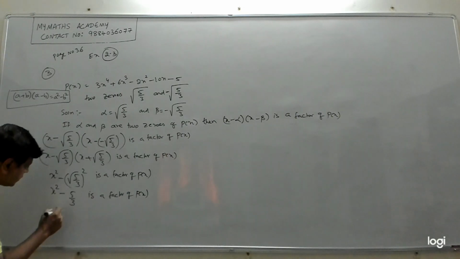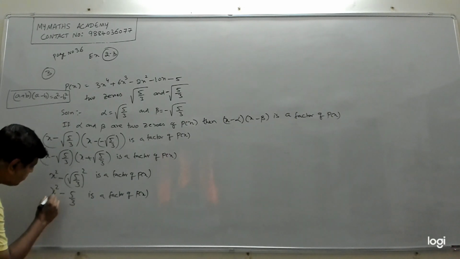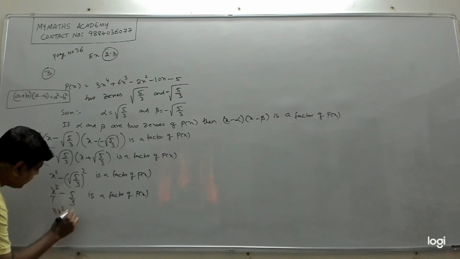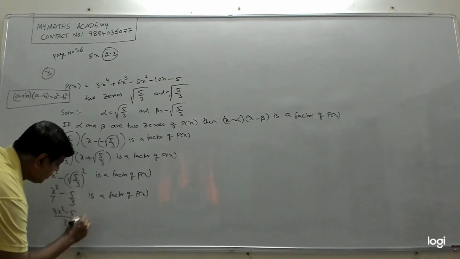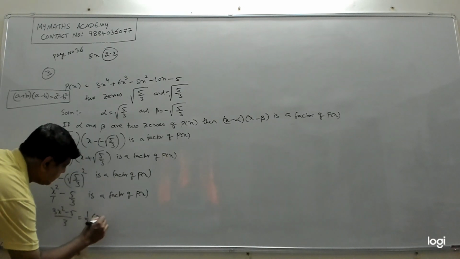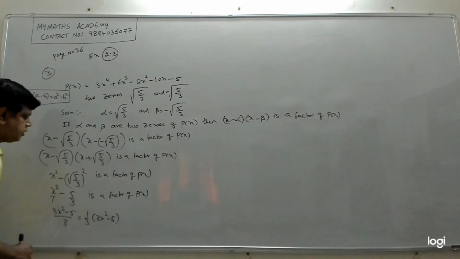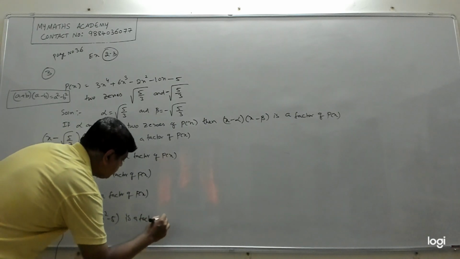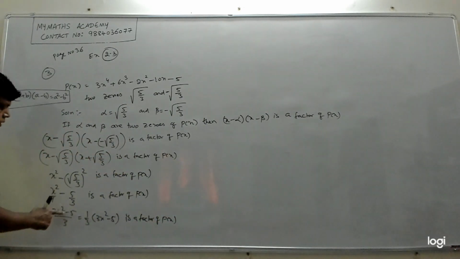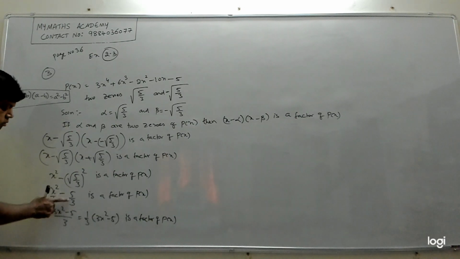So you'll get 3x square minus 5 by 3. That can be written as 1 by 3 of 3x square minus 5 is a factor of p of x. This is just to avoid the fraction part.